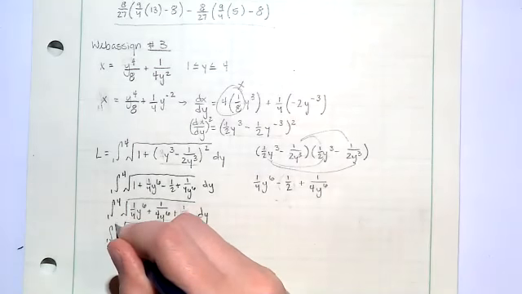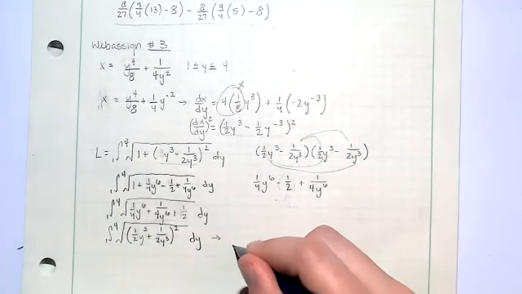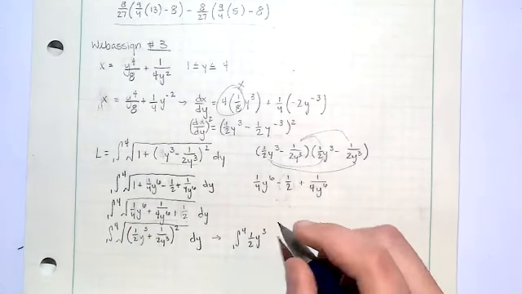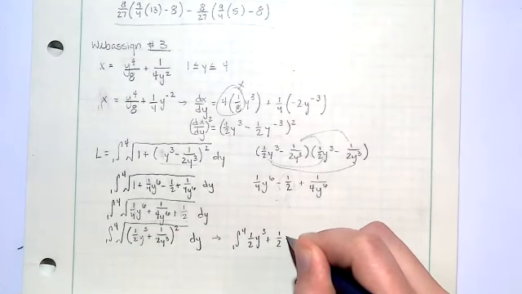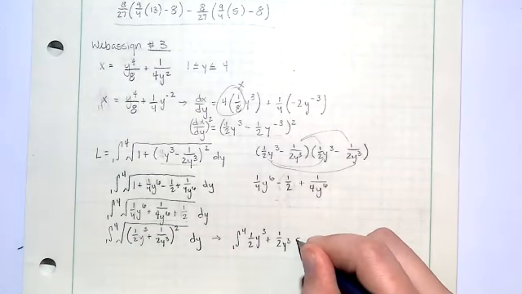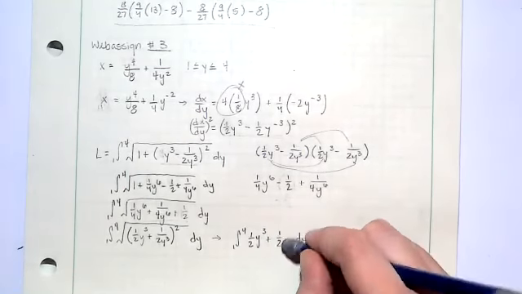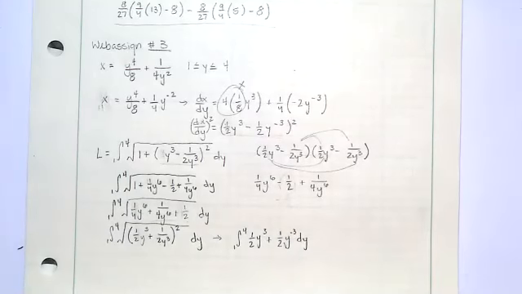You're still going from 1 to 4. So now you have from 1 to 4, the radical goes away, and you're just left with 1/2 y cubed plus 1/2 over y cubed dy. Let's just rewrite that since it looks kind of wonky: y to the minus 3.